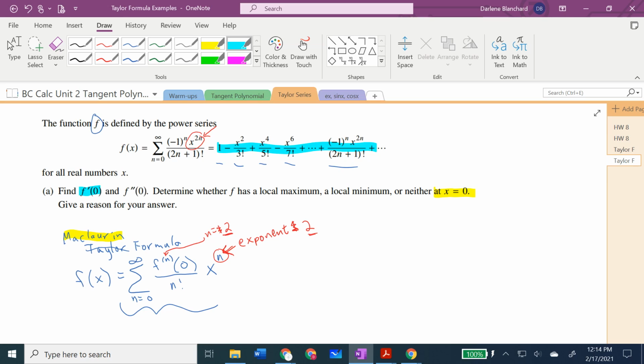They would have had to say approximate f prime of 0.5. But they cannot ask you to find any derivatives of x coordinates that are not the center. Those are only approximations ever. And you need to be aware of that.